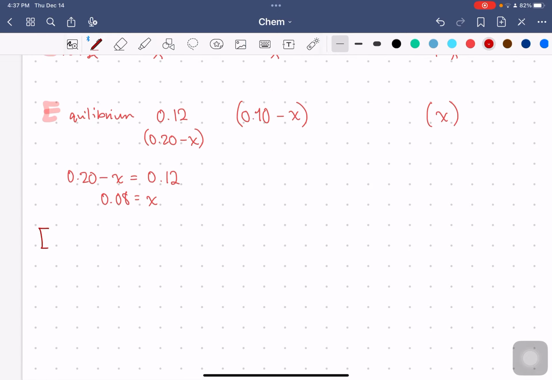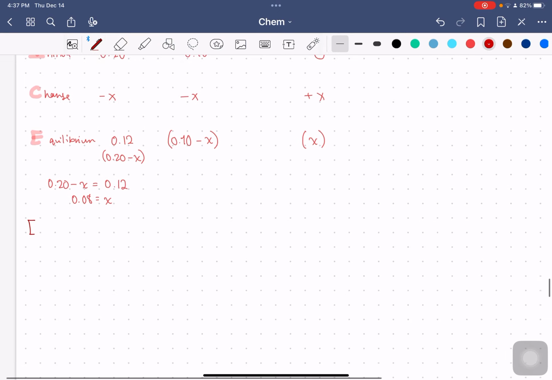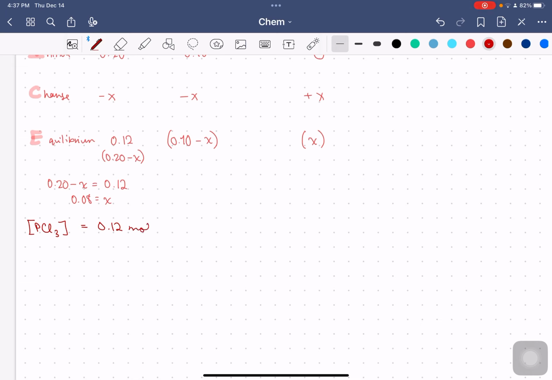Now, we're going to be able to substitute that into the rest of the equations. So now let's find the concentration. We know the concentration of PCl3 at equilibrium is going to be 0.12 mole per decimeter cubed. Now we need to find chlorine, which is going to be 0.1 minus x, which is 0.1 minus 0.08.